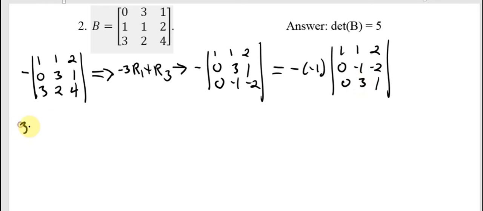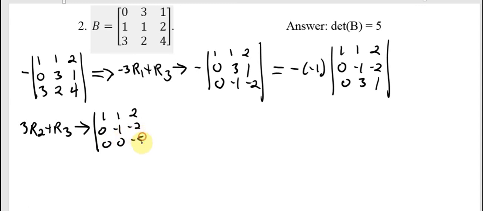So we'll just say 3 times row 2 plus row 3. So this is negative 6 plus 1 is negative 5. Now this is triangular. So I just multiply the entries along the main diagonal.